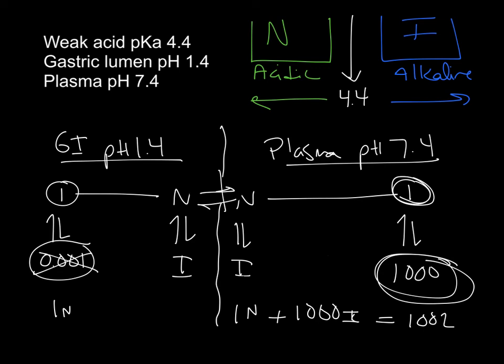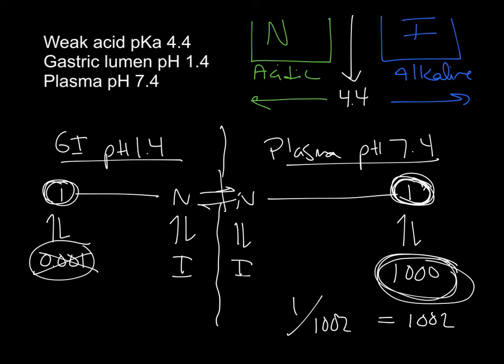This is just, again, relative proportions. We could say what proportion of particles is in the non-ionized state on the plasma side of this equation at any given time. Well, at any given time, 1 part is in that state versus 1 part in this state and 1,000 parts in that state. So 1 out of a total of 1,002.